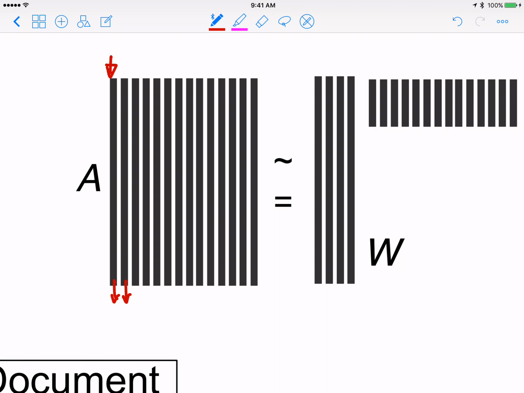Okay, so in this case, if one document was really long, then it will have many non-zero or large values in many different dimensions corresponding to different keywords. But the second document was only composed of maybe 3 keywords, and in the corresponding keywords, it will only have maybe just one.